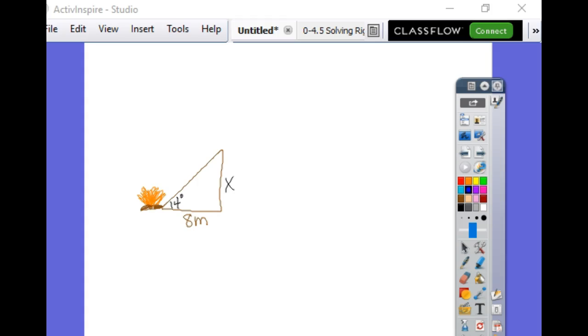Mason, be quiet. Okay? So, angle of elevation. So listen, angle of elevation is from your eyes to the top. So, when I'm standing here, it's my eyes to the top of the mountain. So this is my angle of elevation right here. If this is the angle of elevation, this is how high the mountain is, and this is how far away it is, then this is opposite over adjacent, so this is going to be tangent.